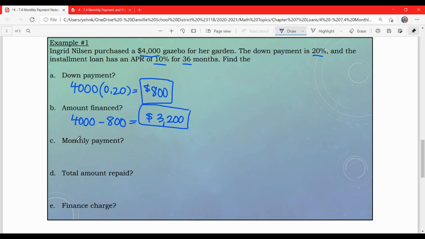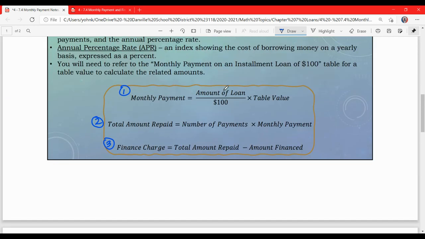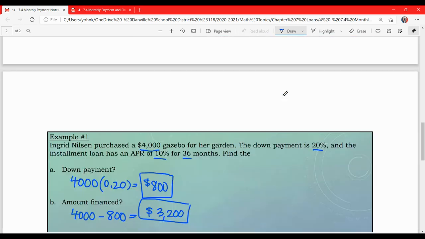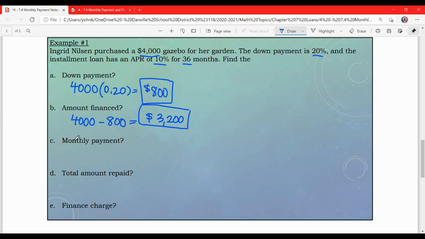All right, here's where the new material comes in. Find the monthly payment. So remember, the monthly payment is taking the amount of the loan, dividing by 100, and multiplying it by the table value. So take the amount of the loan, 3,200, divide it by 100, and multiply by the price from the table.